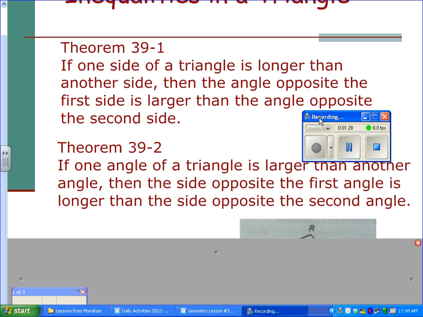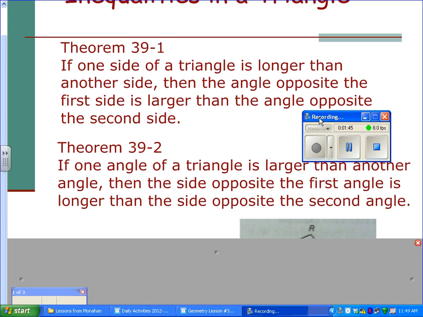Theorem 39.2. If one angle is larger than another angle in a triangle, the side opposite the first angle is going to be longer than the side opposite the second angle. Same thing.